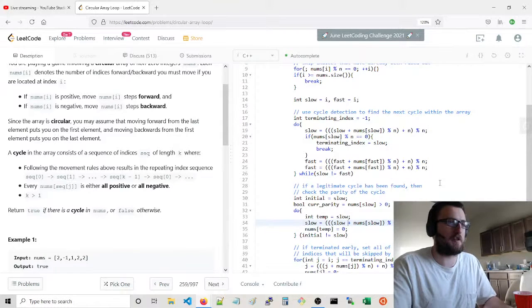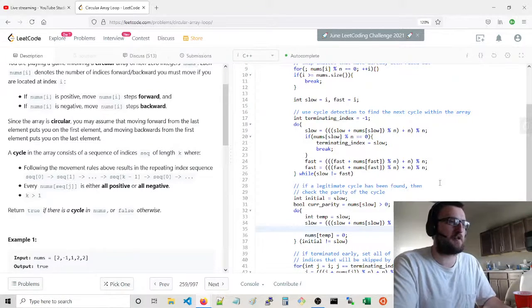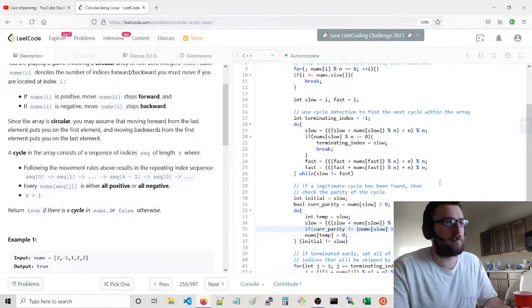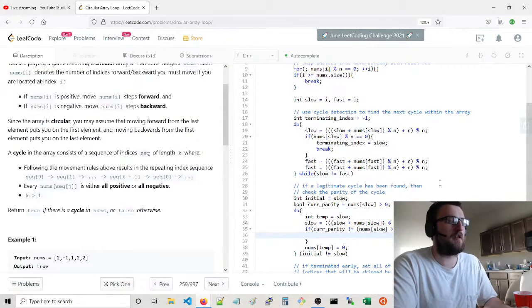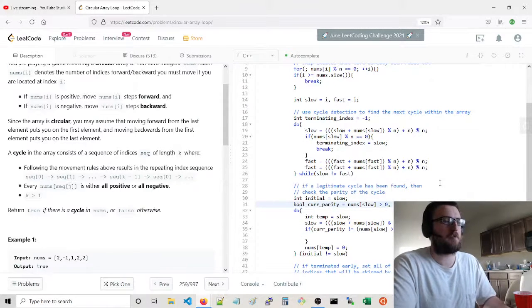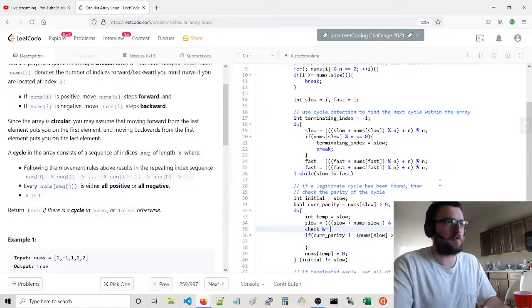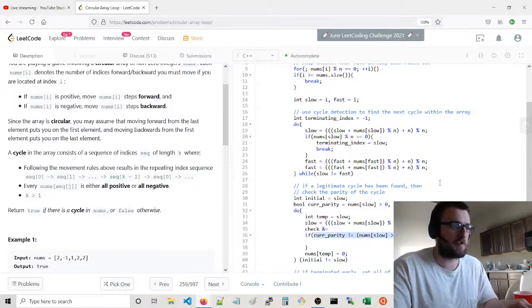We're going to say update to the next value. If current parity is not equal to nums of slow greater than 0, then check will be true. And you're just going to say check and equals this piece.